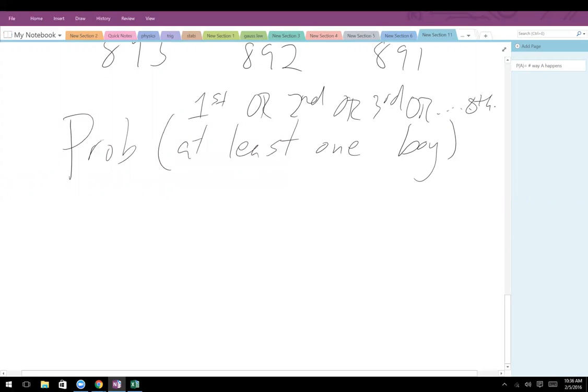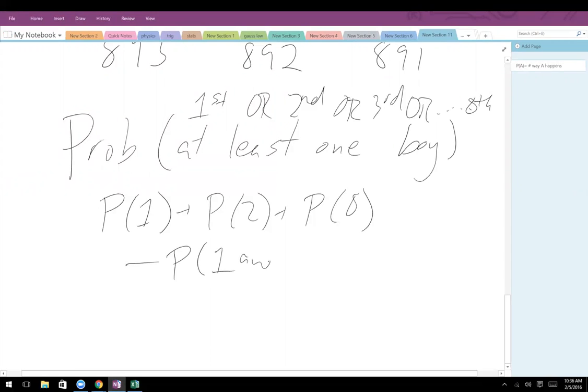Just like when we were doing or before, we would do the probability on the first guy, probability on the second guy, up to probability on the 8th guy. But then we'd have to subtract off the probability that the first 2 are both boys, and also the probability the first and the third is a boy. And also, this is the way not to do it.